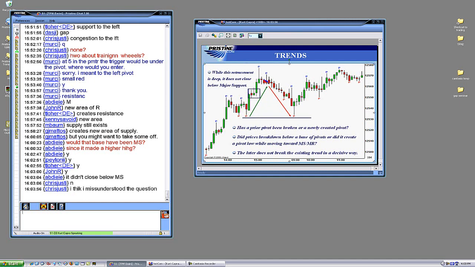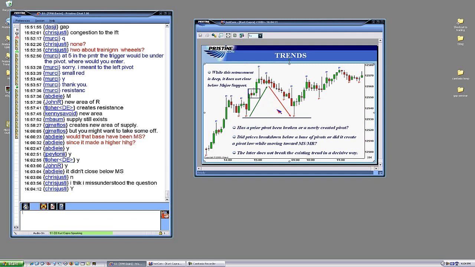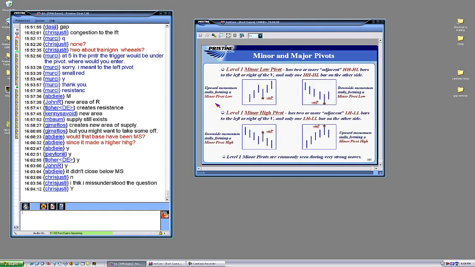Major support being the pivot low prior to a higher high. All right, the question was, do you understand why, or can you see that major support was never broken? Okay, cool. Very good. All right, so let's define these pivots.